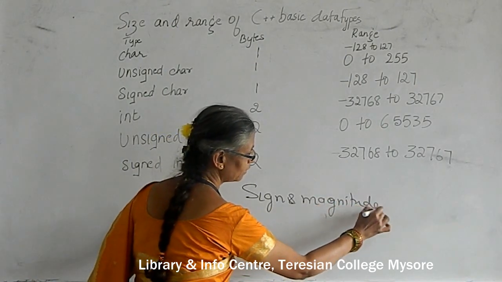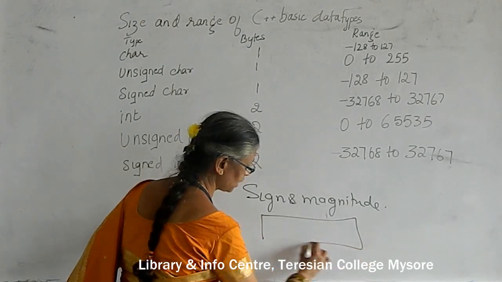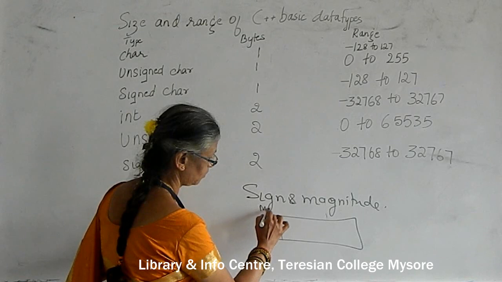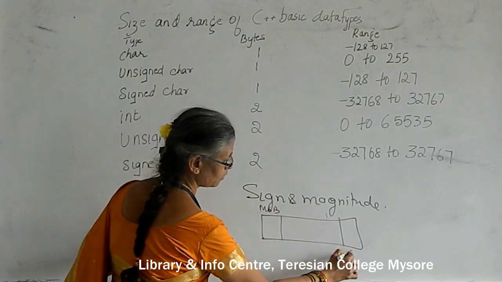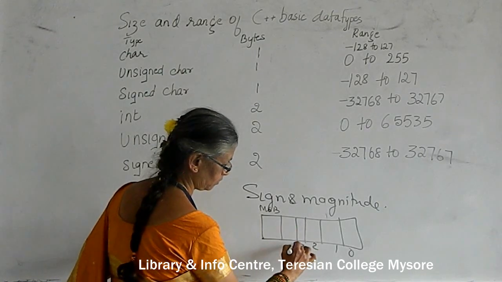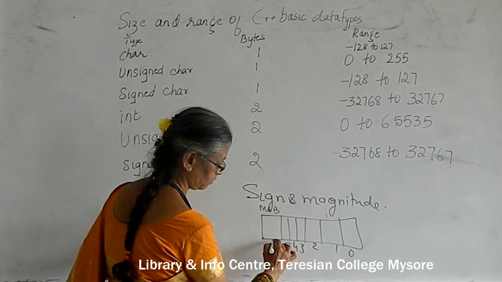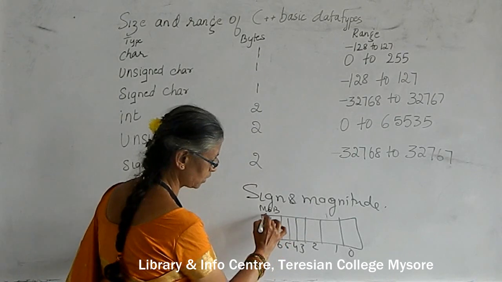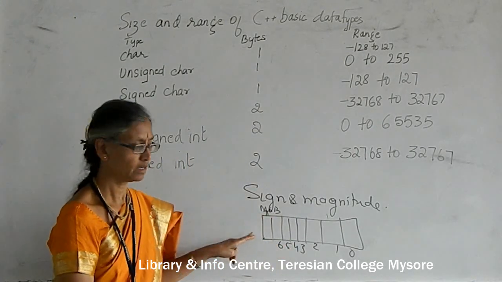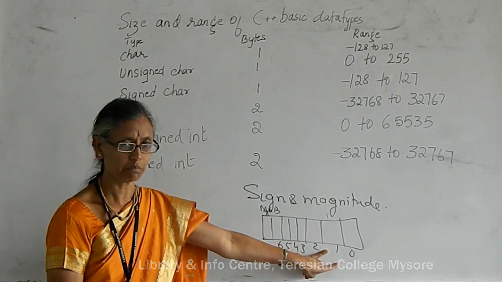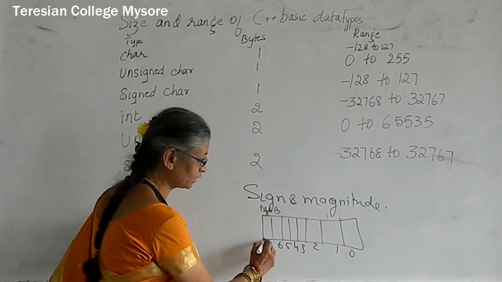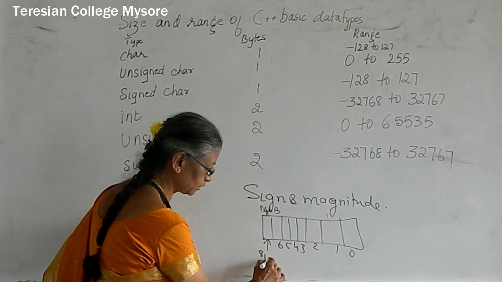In this method, the most significant bit of a byte is used for representing whether the number is positive or negative. So it is actually called the sign bit.